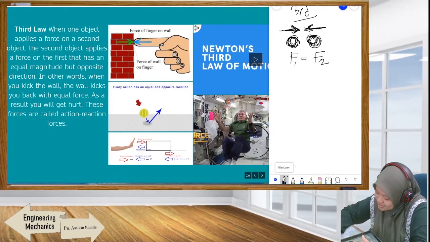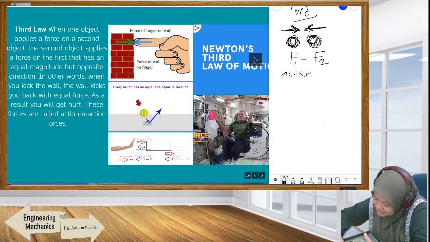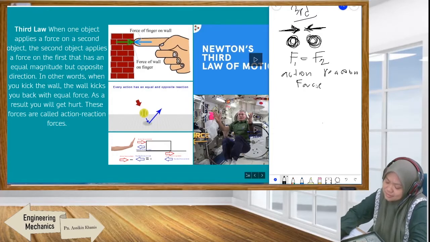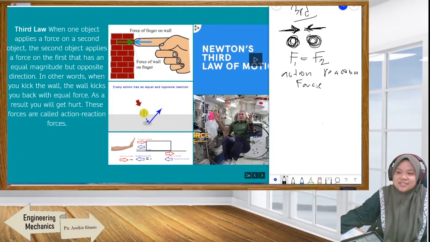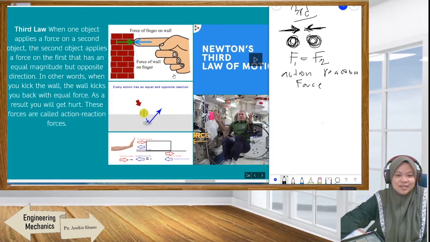Okay, juga dikenali sebagai action tu reaction force. Okay, tulisan buruk, so kita kena praktis lagi. Okay, so kita namakan dia action reaction force jugalah. Okay, so inilah. Okay, action reaction, maksudnya bila ada action akan ada reaction.